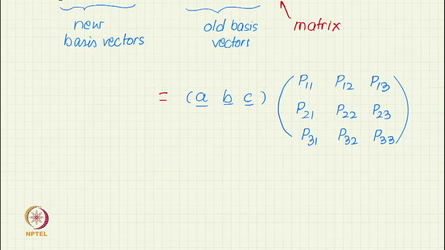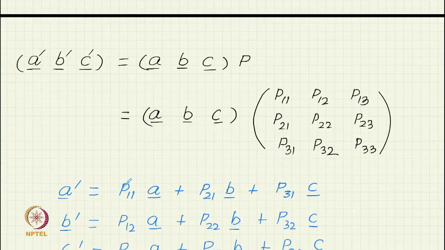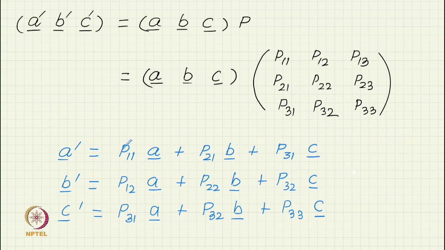So, if we open up this relationship, if we multiply these products, then we get A prime as P 1 1 A plus P 2 1 B plus P 3 1 C. So, the new basis vector A prime, as you can see, is being expressed as a linear combination of the old basis vectors A, B and C. Similarly, we do it for B prime and C prime.